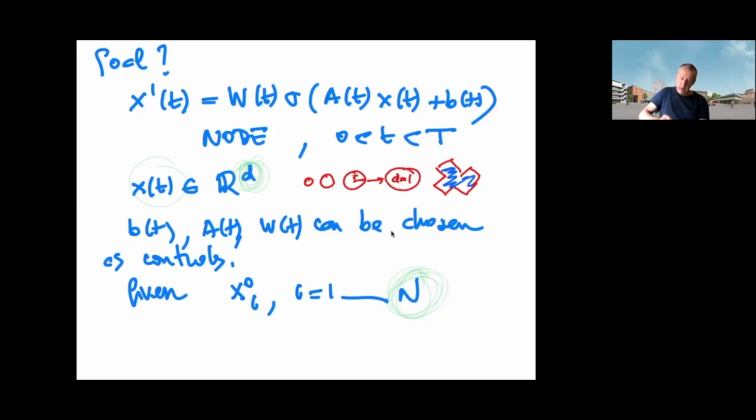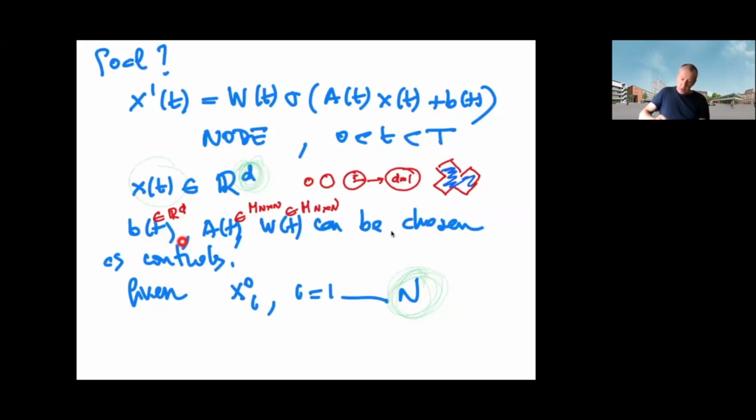And then the parameters bt, At, and Wt. So bt is a vector in R^D, right? Because we are adding it to the argument. And At and Wt are in principle matrices, right?